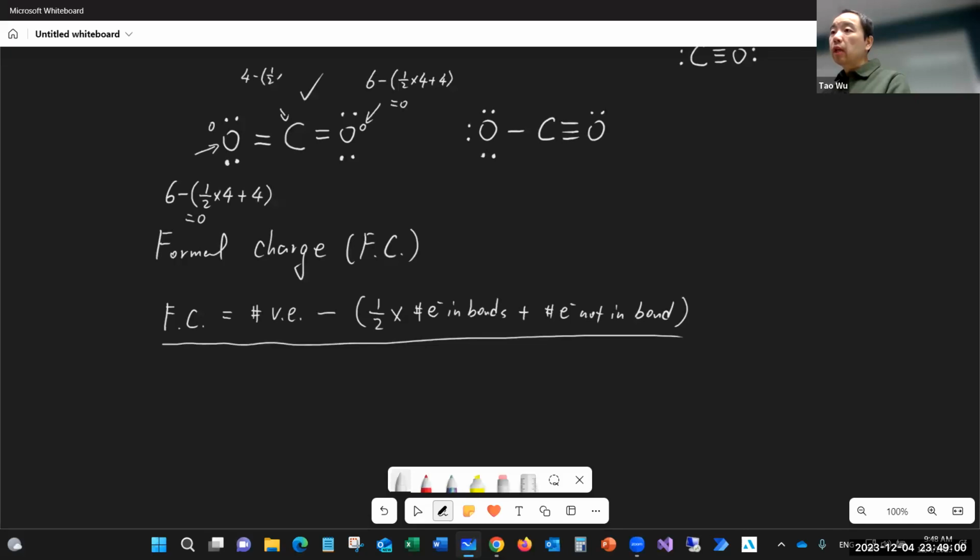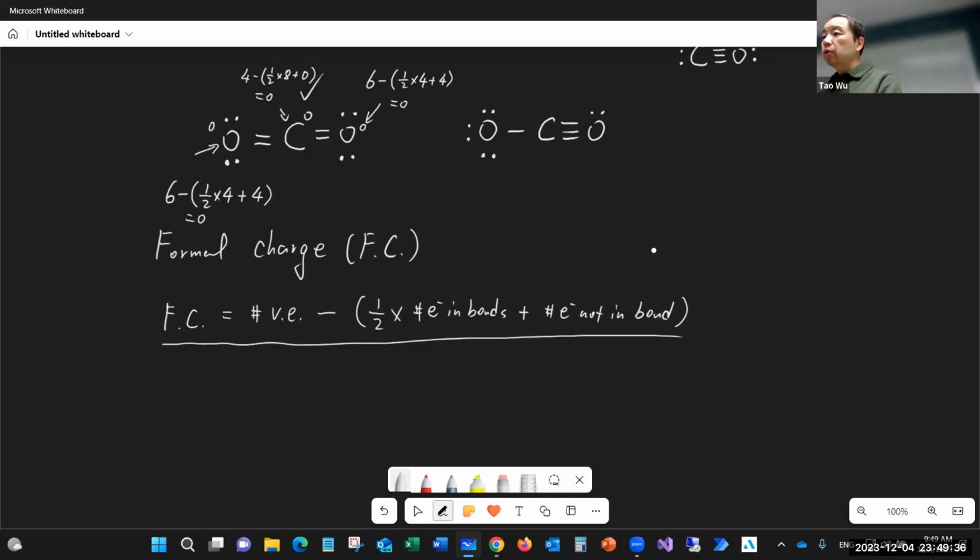So 1/2 times 8, plus the number of electrons not in bonds. There are no dots for this carbon, so you put a 0. So 4 minus 1/2 times 8 plus 0, so 4 minus 4, and this is also 0. In other words, after calculation, the formal charges of the oxygens and carbon are all 0. That is why this structure is perfect.